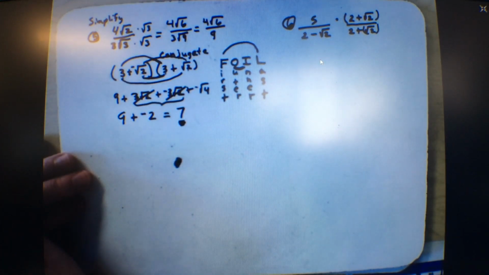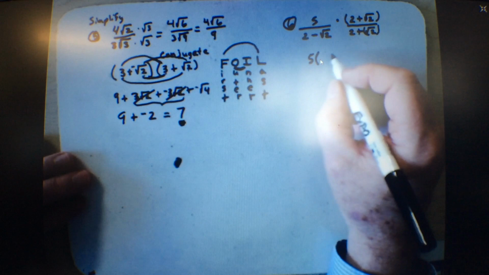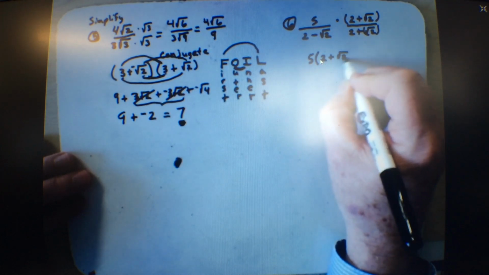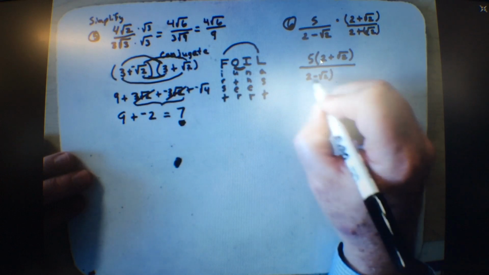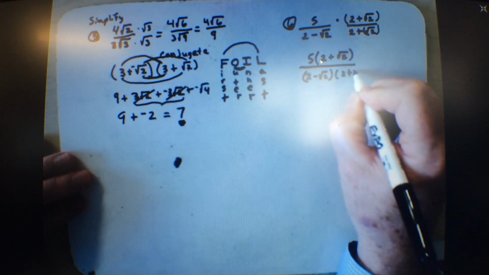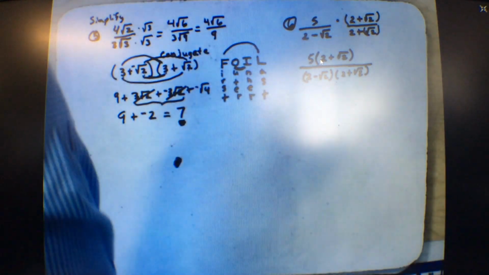Is there anybody that does not? So on the top, I have 5 times 2 plus the square root of 2. And on the bottom, I have 2 minus the square root of 2 times 2 plus the square root of 2. Questions?